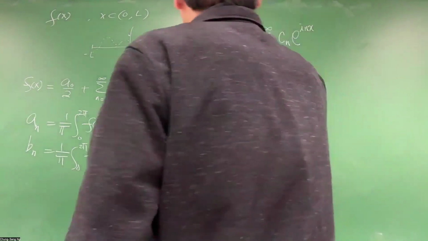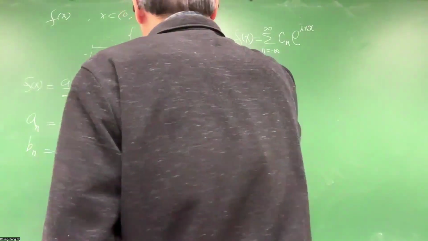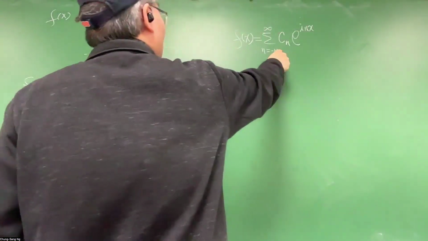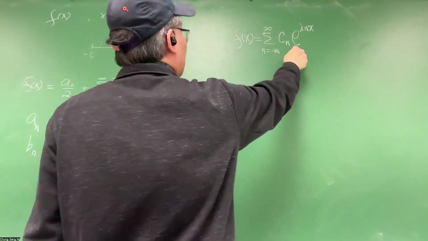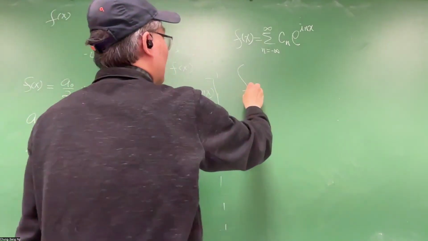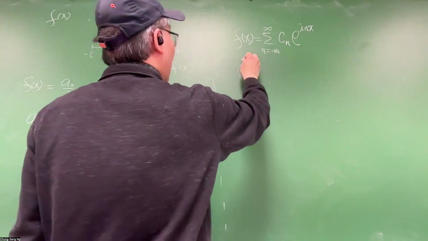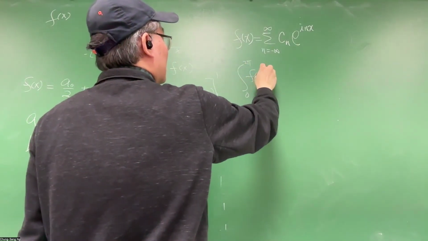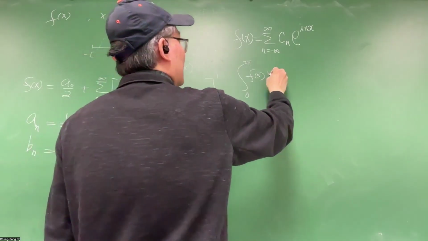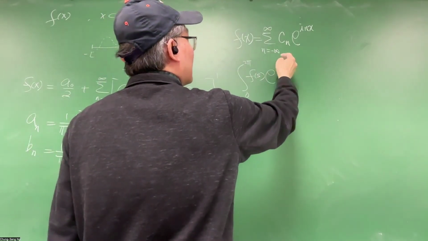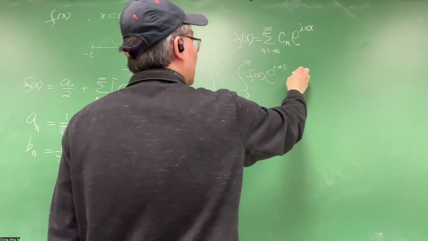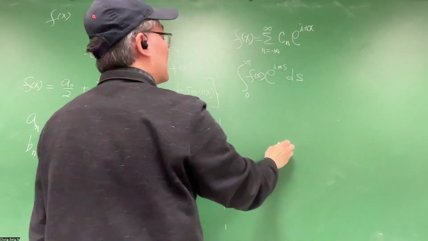And now you can figure out the coefficient. It's very simple. You want to substitute this in the expansion. So let's just consider this integration from 0 to 2 pi of f(x), with your notation f sub n, times e to the i m x, right?